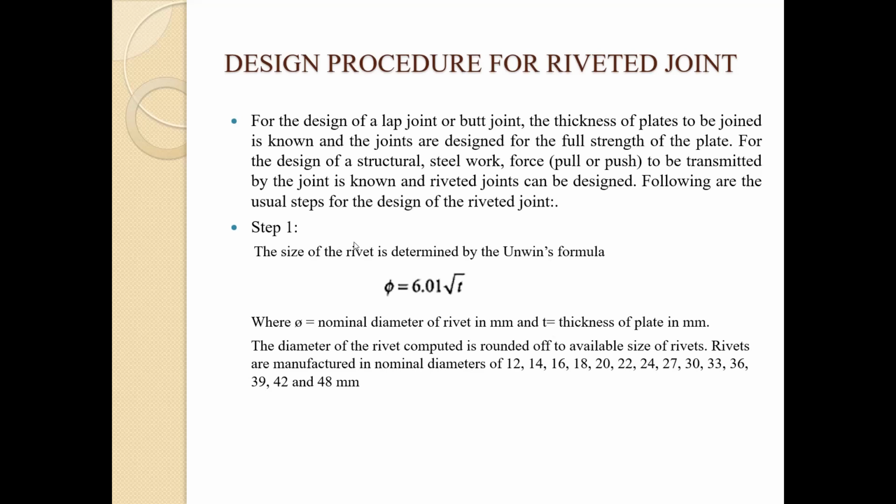The computed diameter is rounded off to an available size of rivet, because the rivets are purchased from the market, and as per availability we need to decide the size. The rivets are manufactured in nominal diameters of 12 mm, 14, 16, 18, 20, 22, 24, 27, 30, 33, 36, 39, 42 and 48 mm. These are the sizes available in the market.